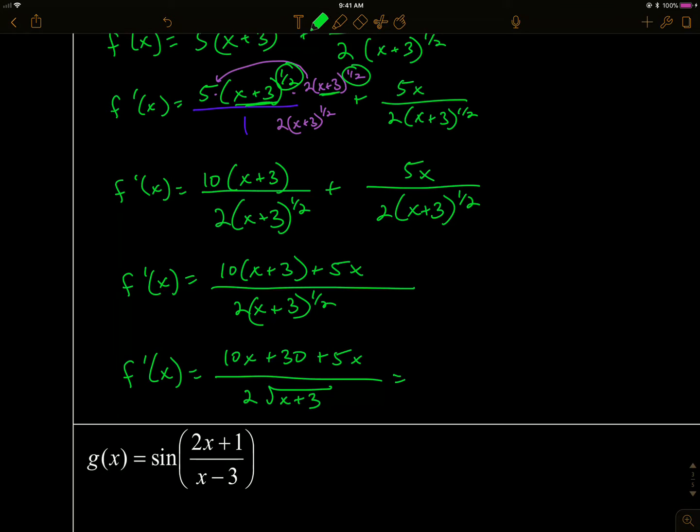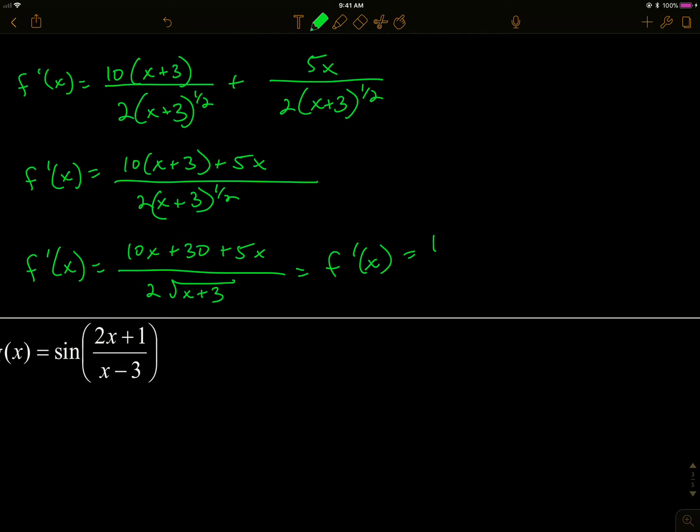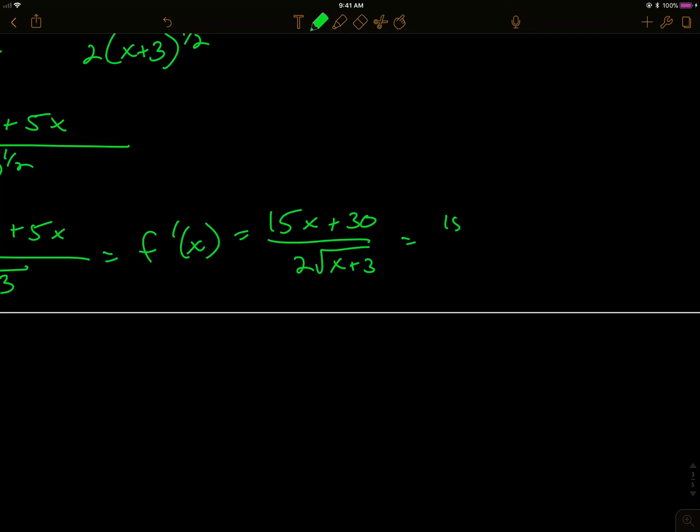I'll change that back to a root. So I've got f prime of x equals 15x plus 30 over 2 root x plus 3. And you could leave it there, or you could say, hey, if 15 factors out, so it's x plus 2 over 2 times the root of x plus 3.